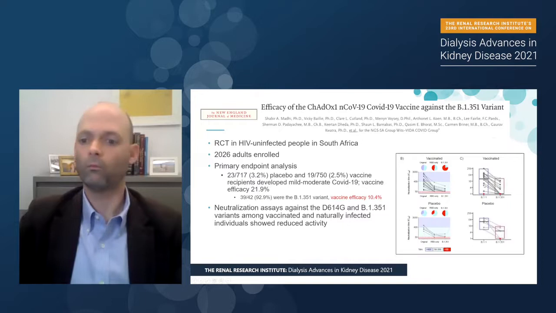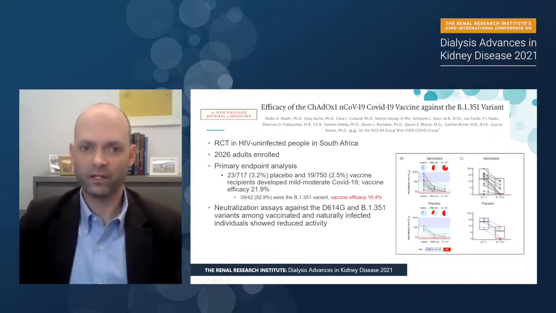So what information do we have about these variants and the vaccines? Very briefly, the Oxford AstraZeneca vaccine, in fact, they did carry out a study in South Africa and had over 2,000 adults that were enrolled. And the primary endpoint analysis showed pretty poor outcomes.